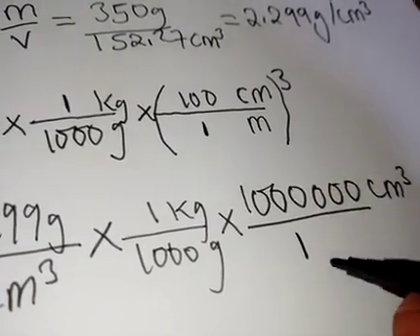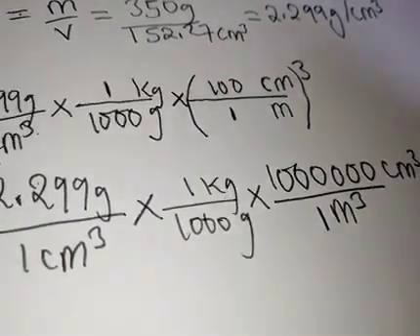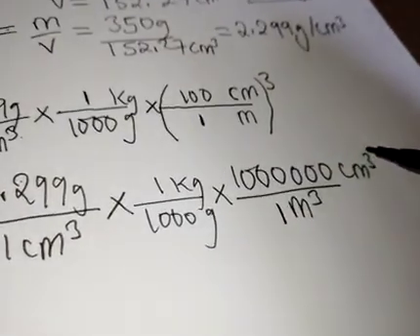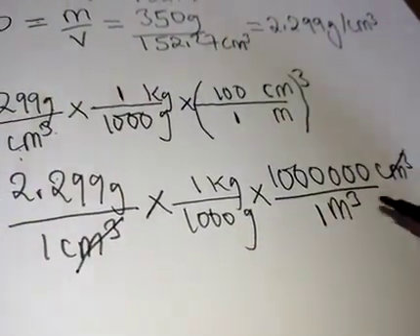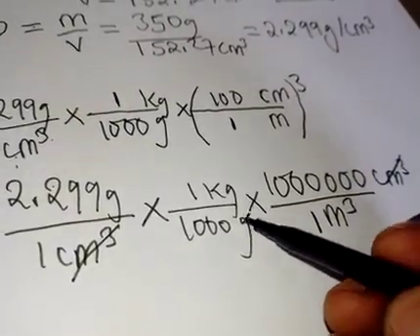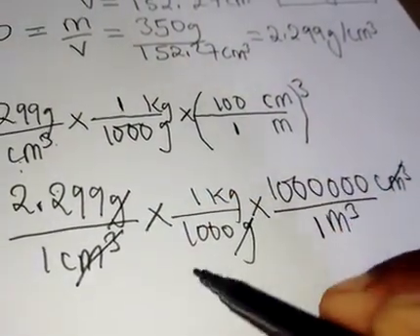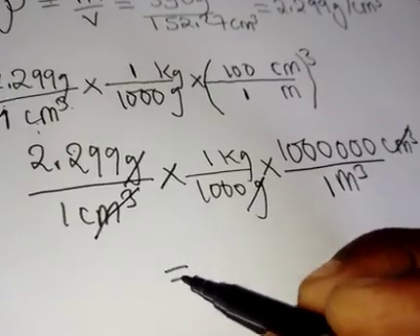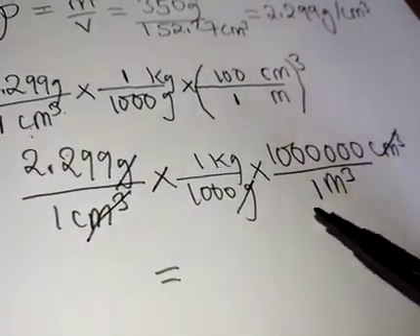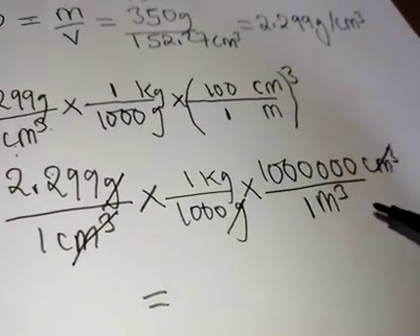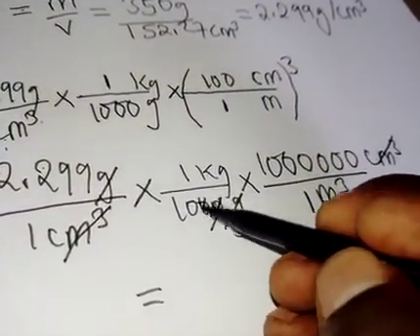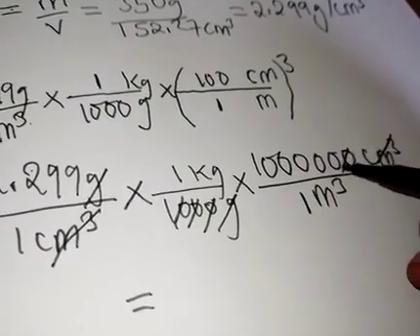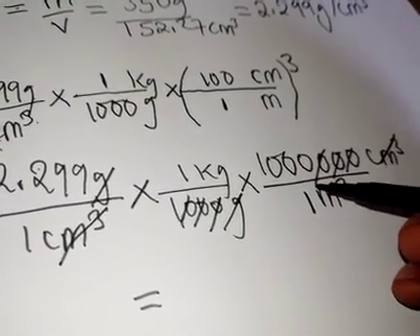Then meter will be raised to the power 3. From there, centimeter and centimeter will simplify. Gram and gram will simplify. Then just multiply everything you have on top, over what you have there. So we have 3 zeros we can simplify there.